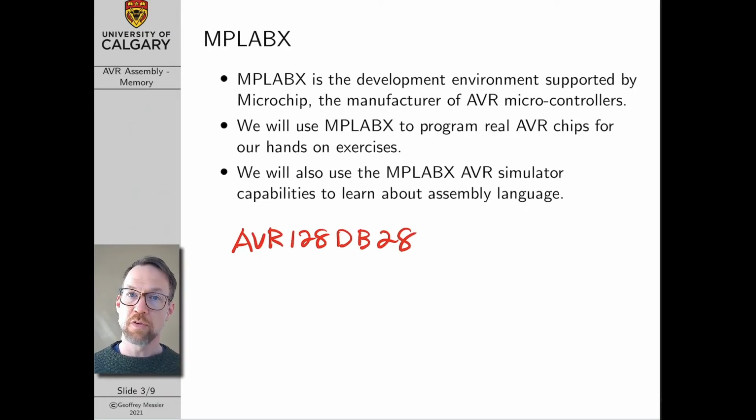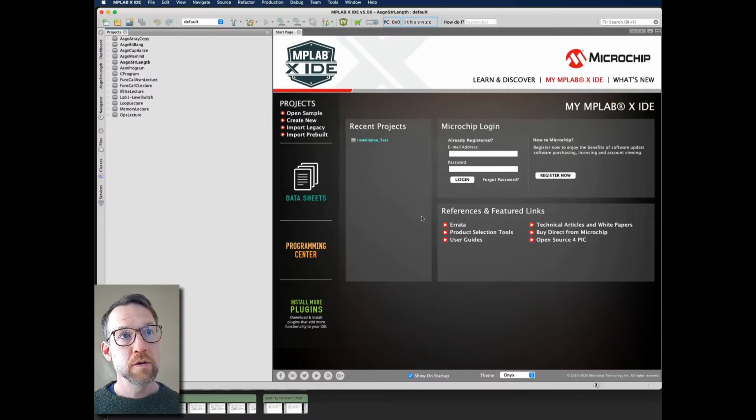Now let's switch over to the development environment and get ourselves set up to start talking about AVR memory. Okay, if you fire up the MPLAB-X environment, this is what you're going to see. I'm not going to discuss how to install MPLAB-X. I did post a document on the course website talking about how to install both the development environment and the compiler.